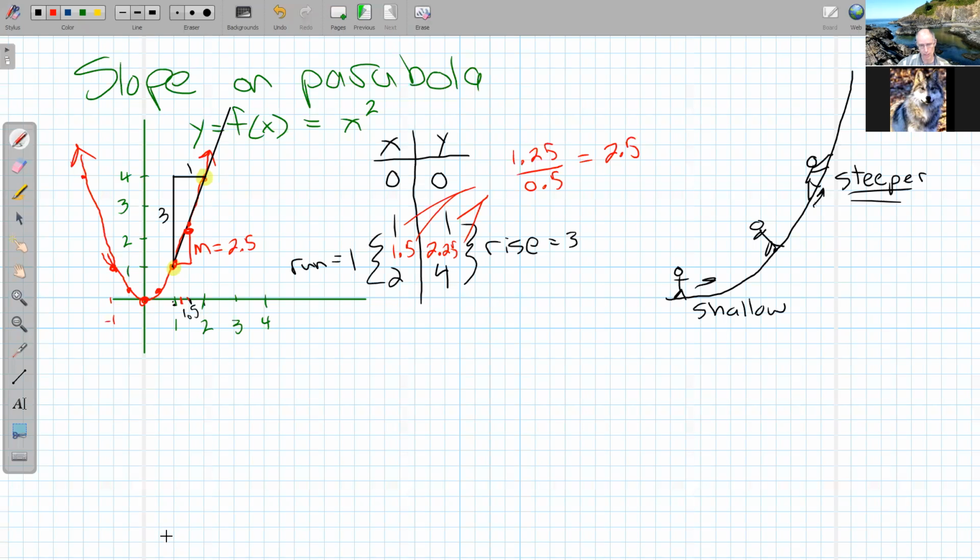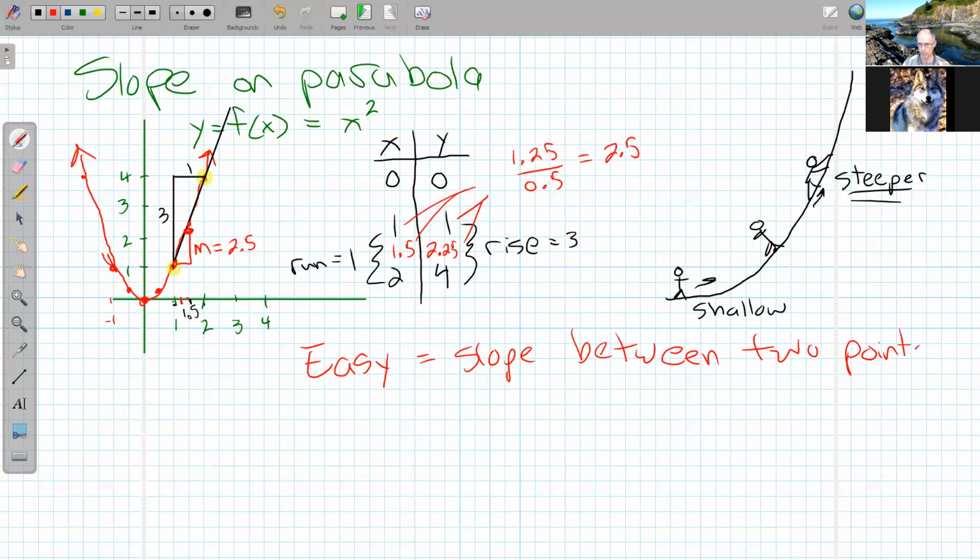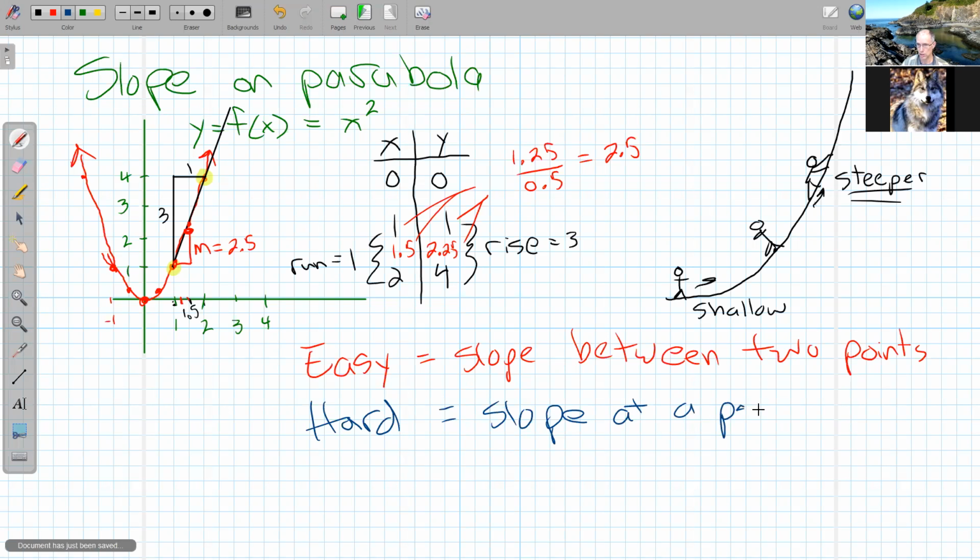So the idea we're trying to get to is we can easily find the slope between 2 points. So this is easy, right? Slope between 2 points. What's not so easy, call this one hard, is the idea of slope at a point. So like over here, let's erase that version of Gary for a second.